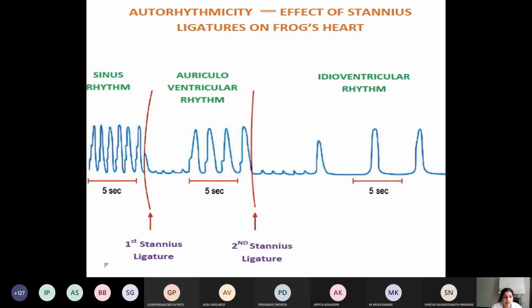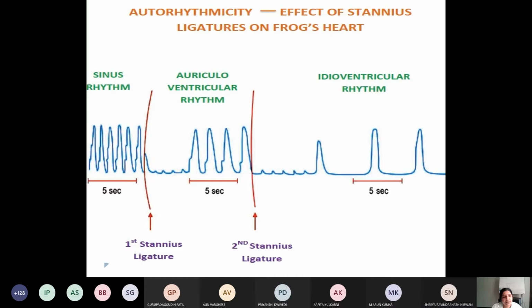Now you just remember the graph. Here, as you have seen yesterday, this is the sinus venosus, atrial contraction, then relaxation, then ventricle contraction and relaxation. This is the normal cardiogram of the frog's heart recorded for 5 seconds.